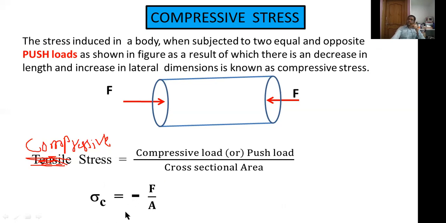When you are applying compressive loads on a body, the length of the component may decrease. That's why you have to consider a negative sign for compressive loads.